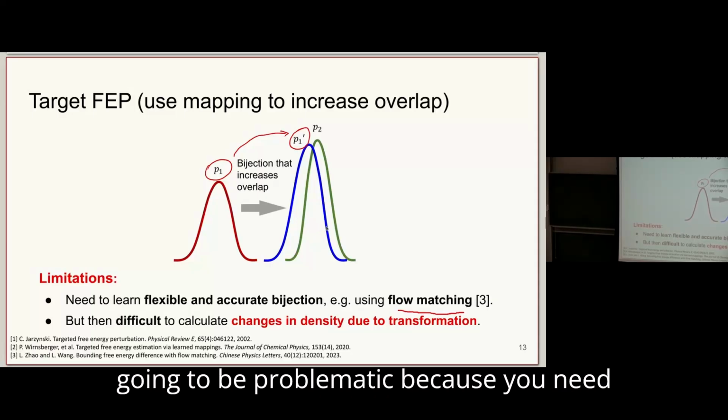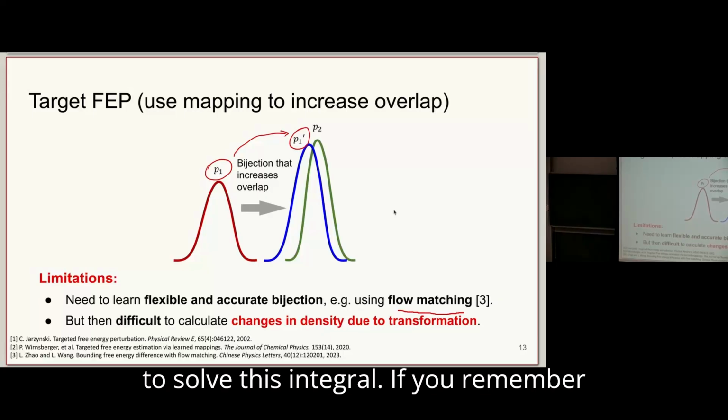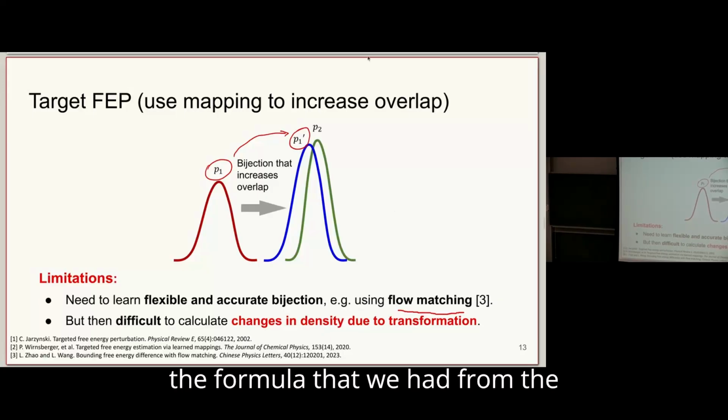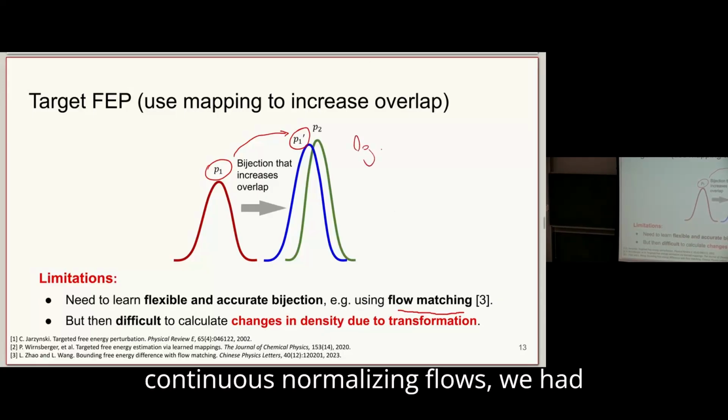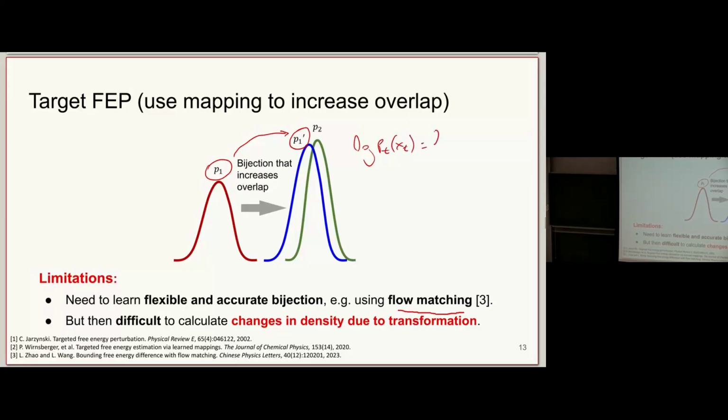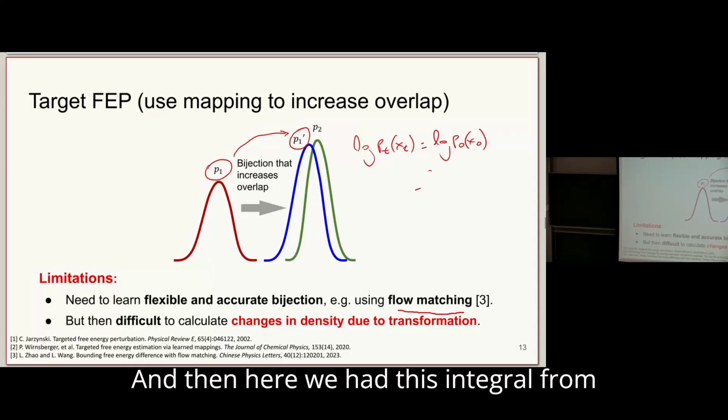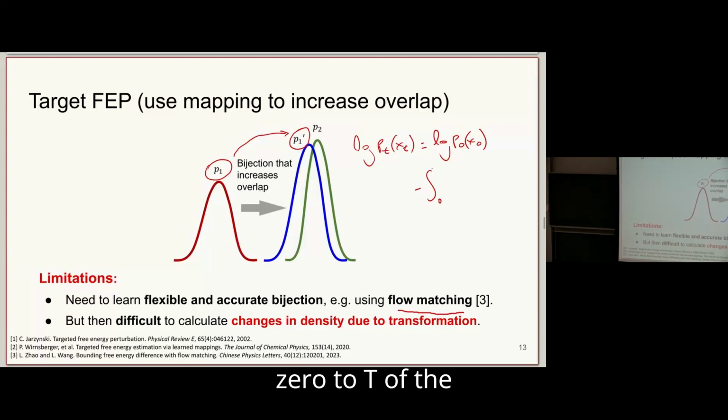And that's going to be problematic because you need to solve this integral. If you remember the formula that we had from the continuous normalizing flows, we had this integral from 0 to t of the divergence of my vector field evaluated on xs. Okay?